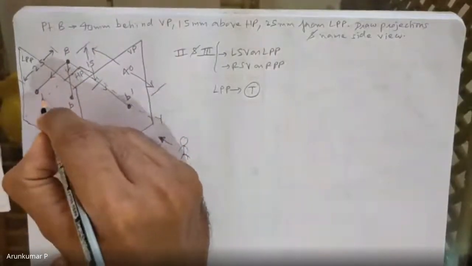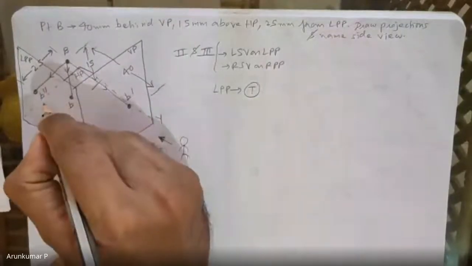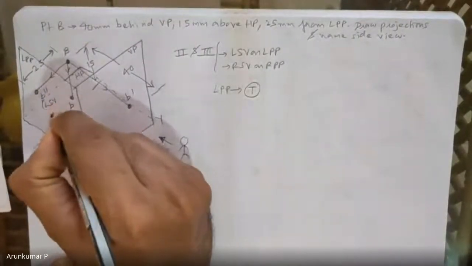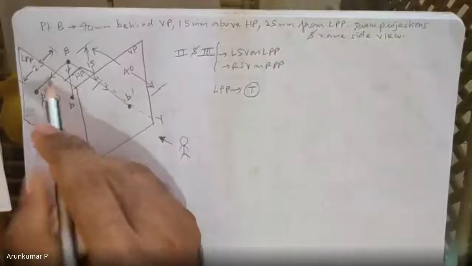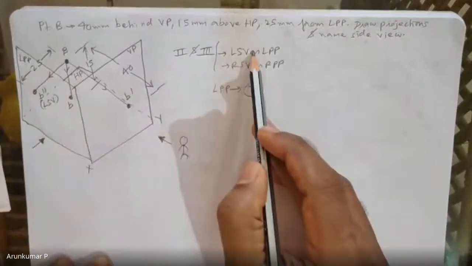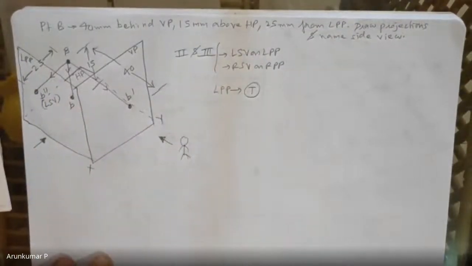This is B double dash. This is your left side view because you are viewing from the left side. So you are getting a left side view on a left profile plane.